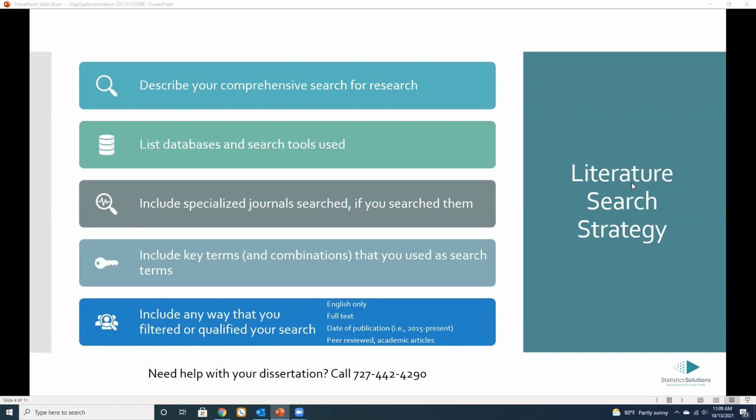Some schools relax a little bit, 5 to 7 years. Some schools it's 10 years. Some schools don't have a requirement. So, check with your school's template. If there are publication restrictions, you want to include that. So if they say go back only 5 years, or primarily 5 years, you want to include that you searched material from the present going back 5 years, or whatever it happens to be.